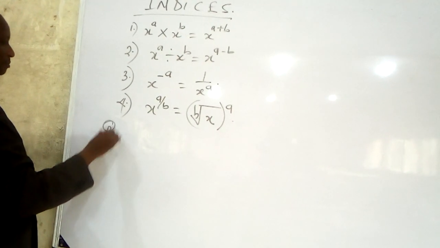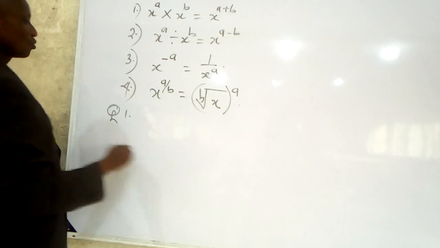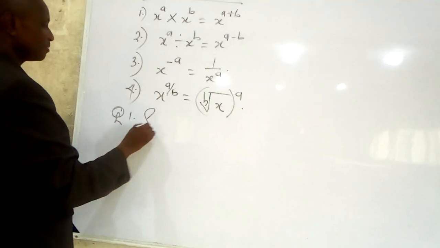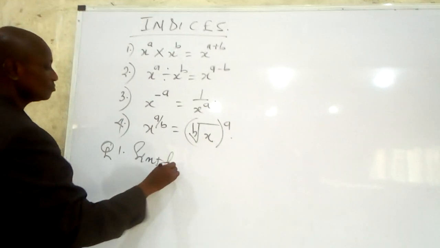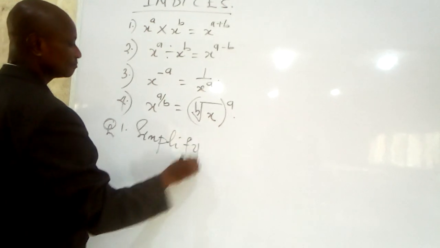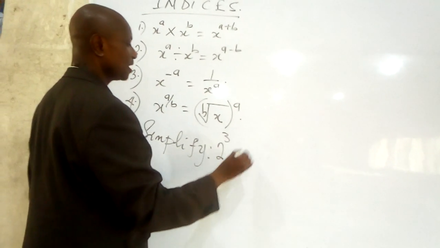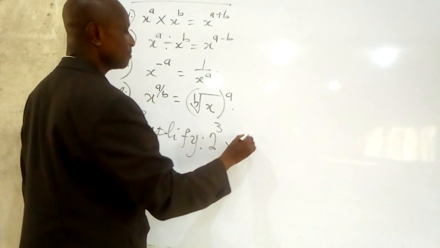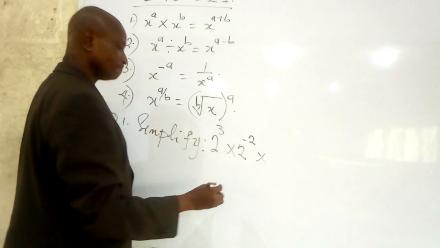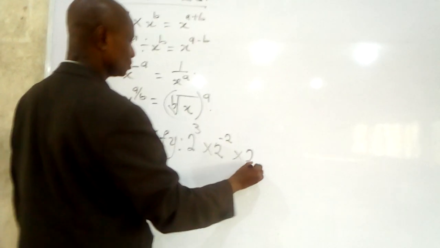Question 1. You could be told to evaluate or simplify 2 raised to the power 3 multiplied by 2 raised to the power minus 2 multiplied by 2.